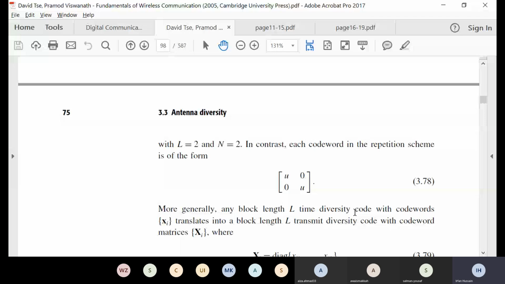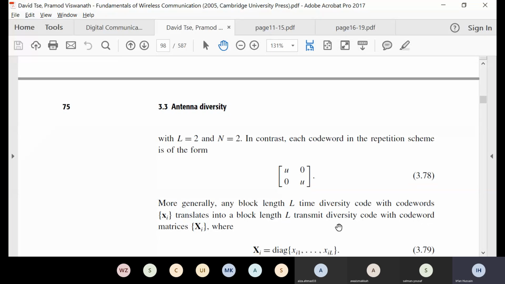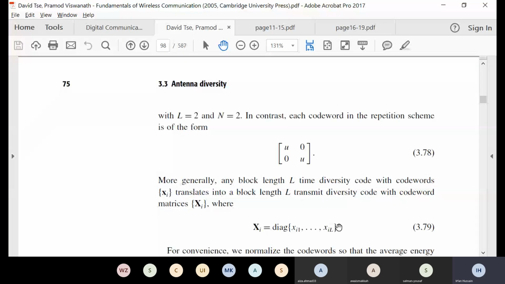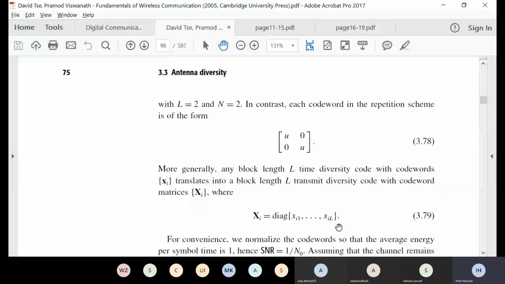For example, in rotation you had codewords A, A, minus A, A, minus A, minus A. It will translate into a block length L transmit diversity code with codeword L cross N, with codeword matrices. They will be diagonal, as in the repetition scheme, so it will be diagonal.